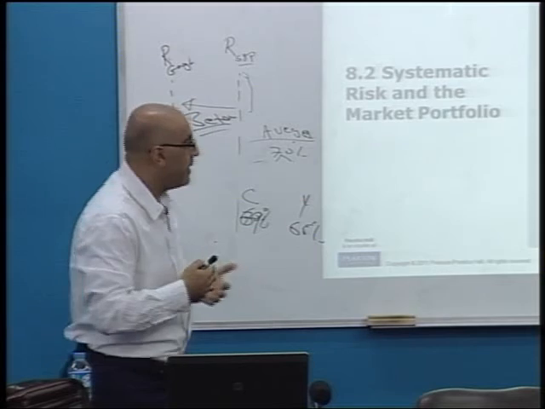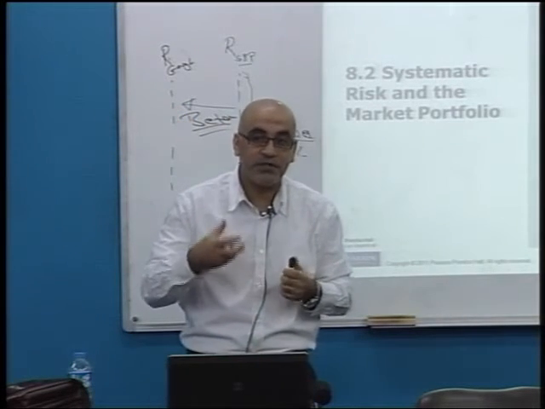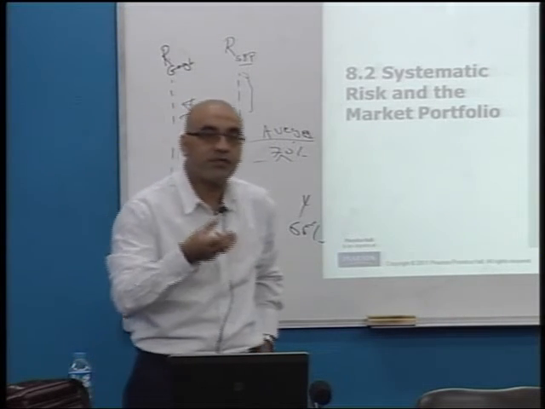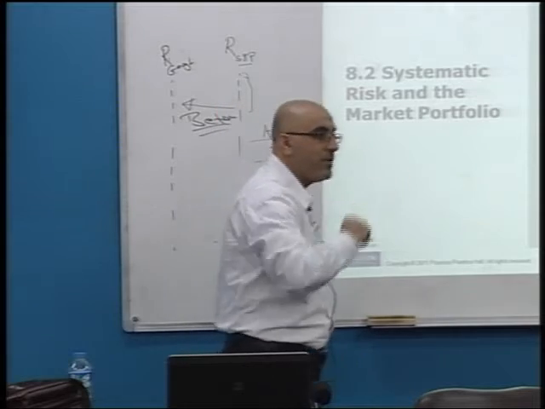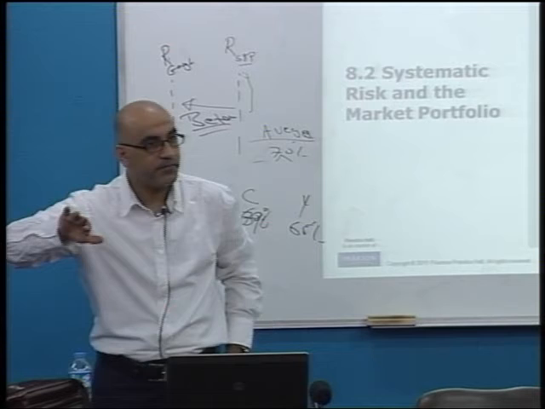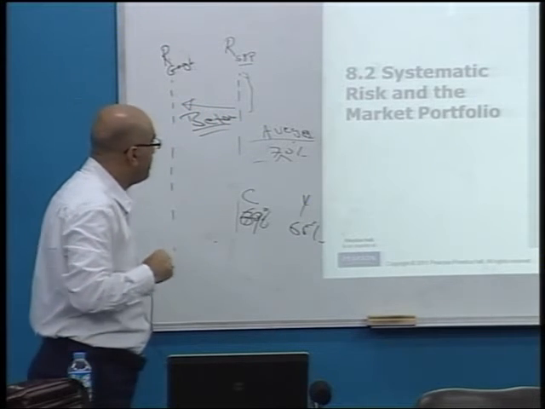This is why beta is more important, because it measures the systematic risk of each stock with regard to the changes in the markets, not with regard to the changes in individual stocks. So this is the importance of beta.